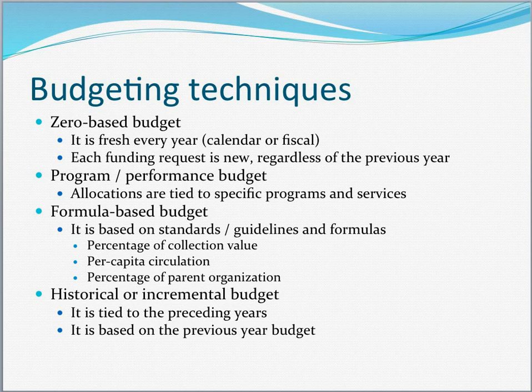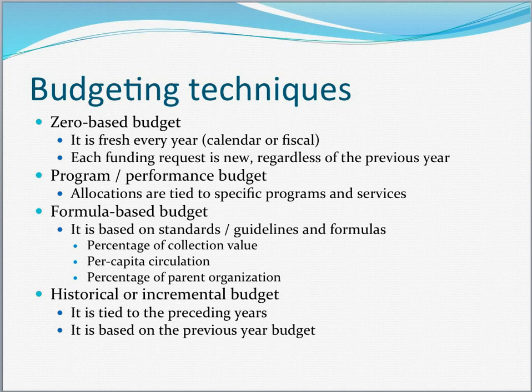The third type is a formula-based budget. It is based on standards, guidelines, and formulas. Some of the formulas or indicators that we have to establish our budget, if we are following the formula-based budget, are percentage of collection value, per capita circulation, and percentage of parent organization.